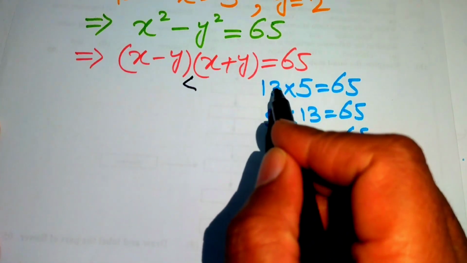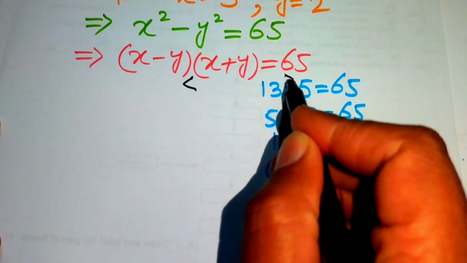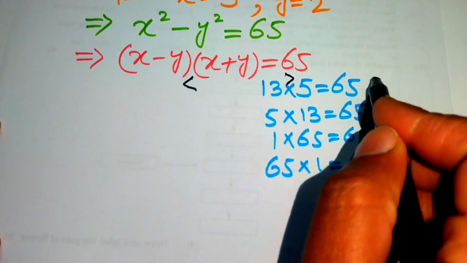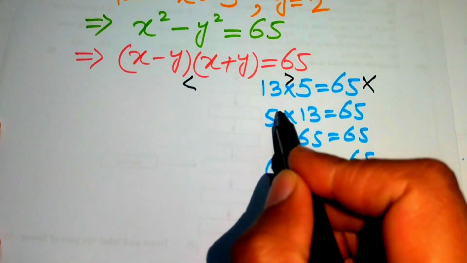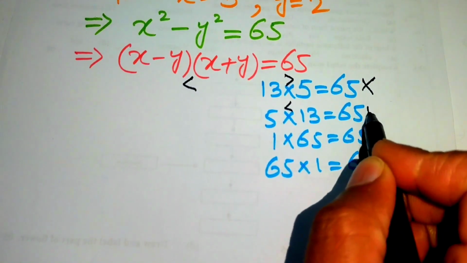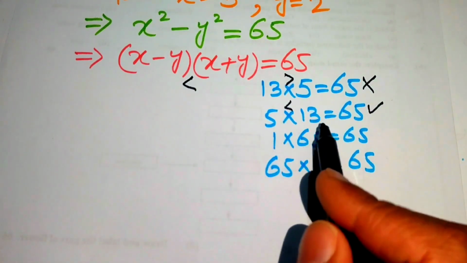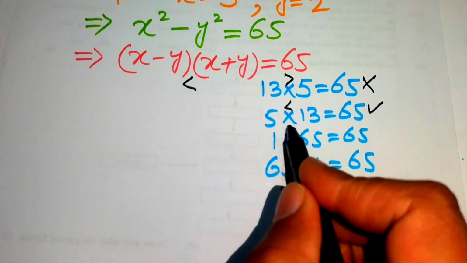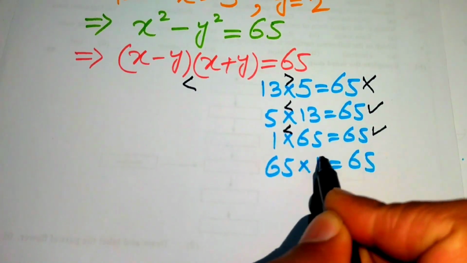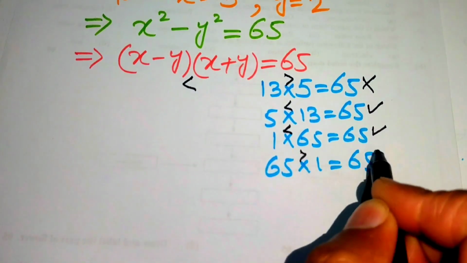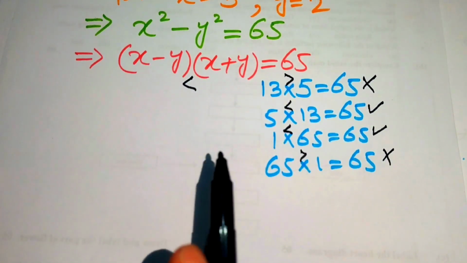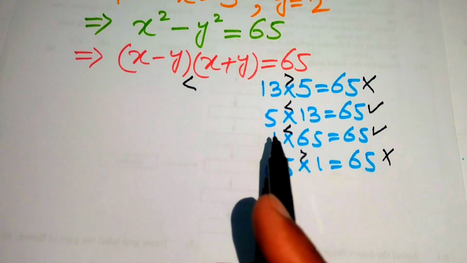If you focus on 13 and 5, 13 is greater than 5, so it does not match this condition, so we reject this case. In this case we have 5 is less than 13, so we can accept it. And in this case we have 1 is less than 65, so we accept this case, and we reject this case because 65 is greater than 1. So we have these two possibilities, and now first we check the first possibility.